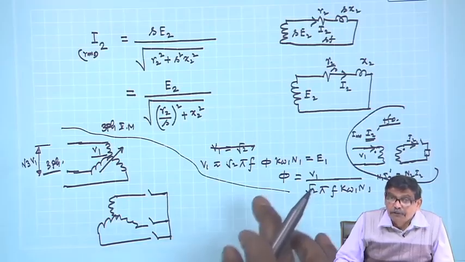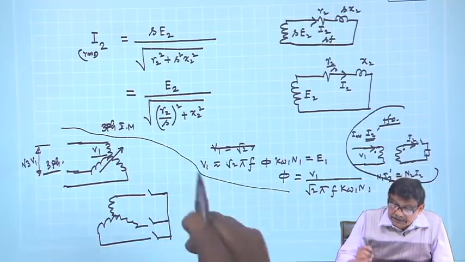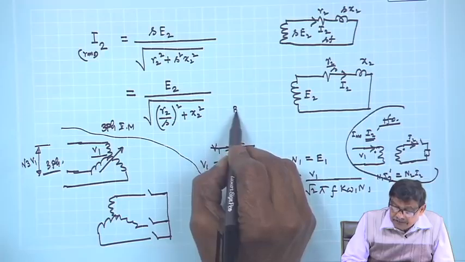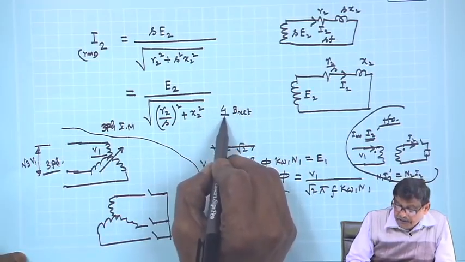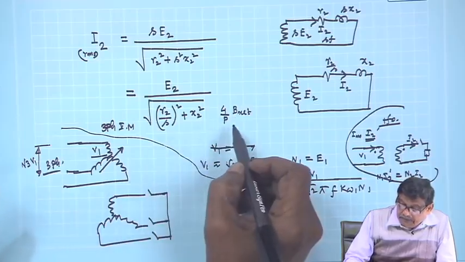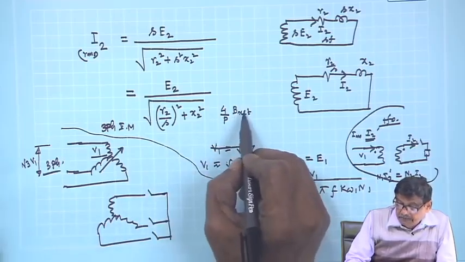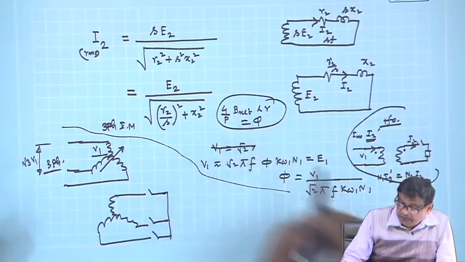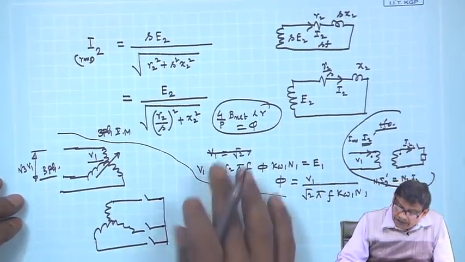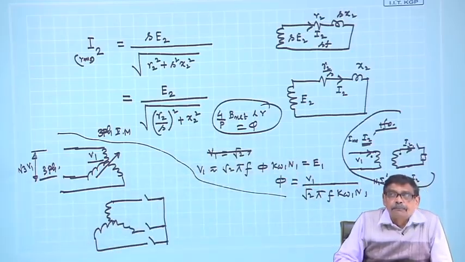And what is this flux per pole? It corresponds to the net flux I told you last time, 4 by P B net L R. This is the flux per pole. Therefore, this flux per pole will remain the same.